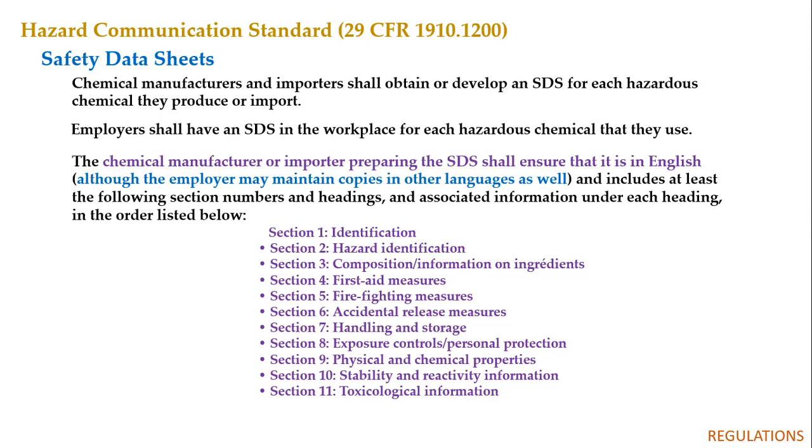The first section is identification, the second is hazard identification, the third is composition and information on ingredients, the fourth is first aid measures, the fifth is firefighting measures, the sixth is accidental release measures, then handling and storage, exposure control and personal protection, physical and chemical properties, stability and reactivity information, and toxicological information.